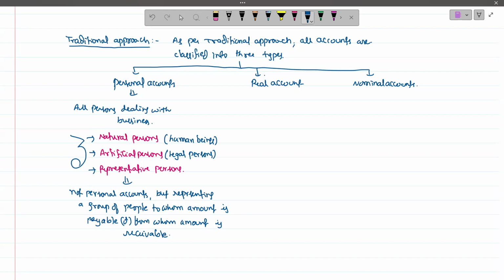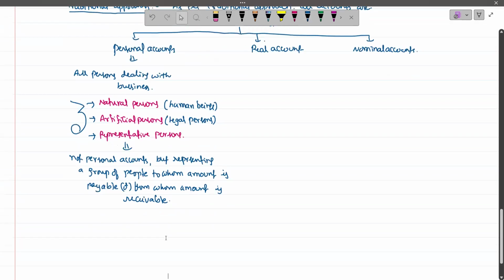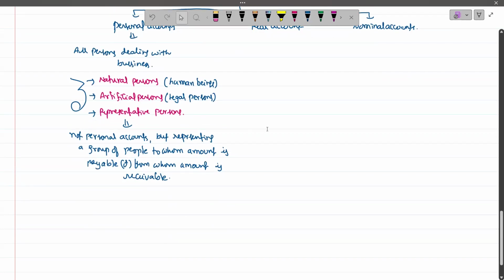So we have to create one account representing the amount payable to the group of employees, and that is the salary payable account. So there is a relation between a representative person and a nominal account. And before that, I will explain what is meant by a nominal account. Nominal accounts are called temporary accounts.